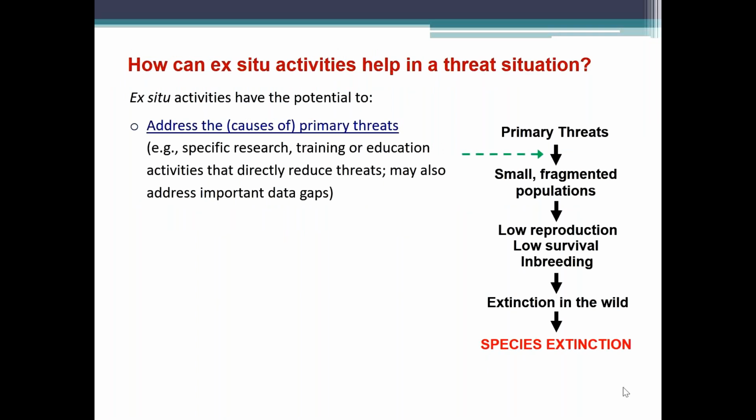An infrequent but potential way that ex situ could provide conservation benefit is to address the cause of the primary threats themselves. This might be through research, through specific training of field techniques, or through education, something that helps reduce the threats or the impact of those threats.